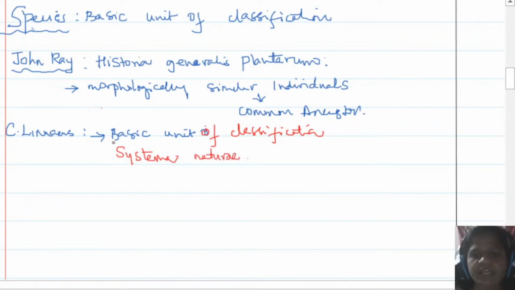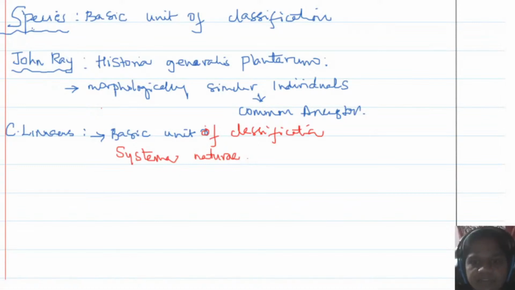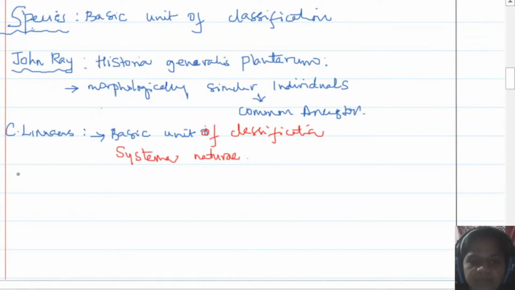This is the book he wrote. So according to him, species is a basic unit of classification. But according to John Ray, they are morphologically similar individuals. Now there is another guy, Buffon, and we'll actually learn about, not the guy per se, but what he said about the species.